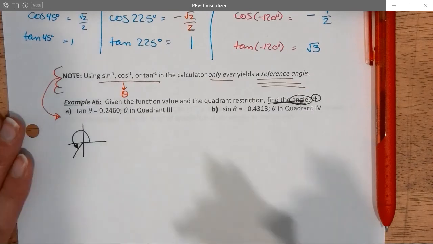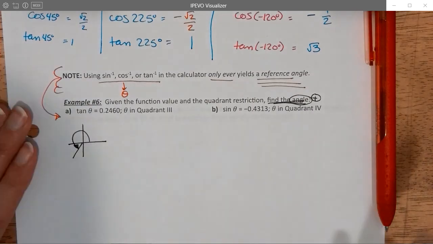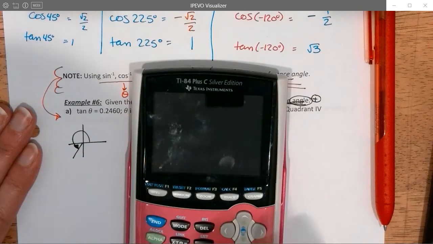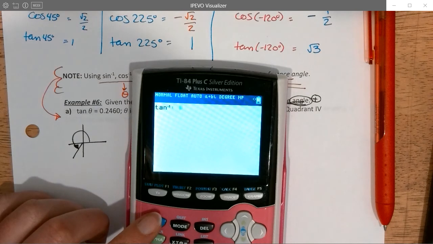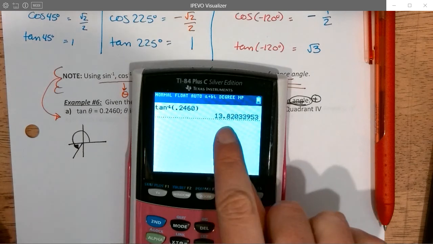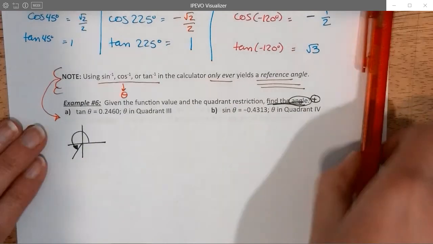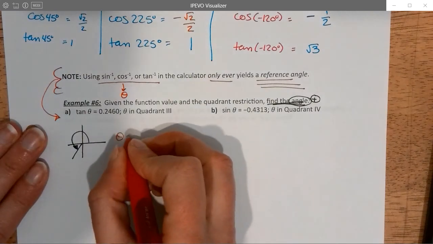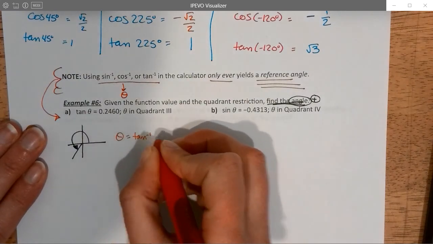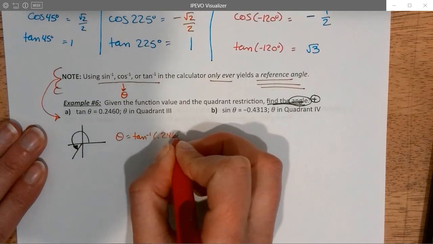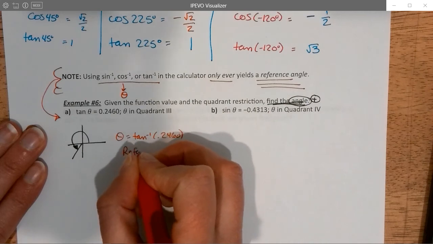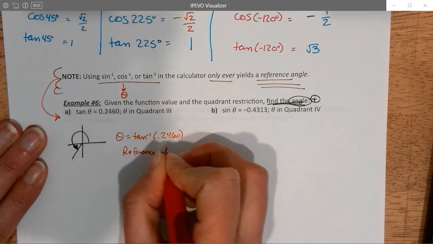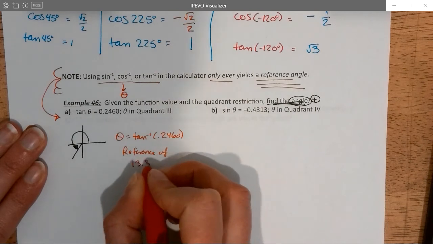Okay, so what we're going to do first is arctan that value. I'm going to use the calculator just because I have it handy here. So I'm going to take the arctan of 0.2460, and that gives us an angle value of 13.82. So I'm going to write that down. First of all, theta is equal to the arctan of 0.2460, and that gives us a reference of 13.82 degrees.